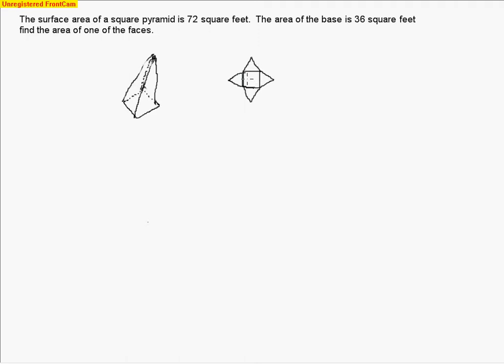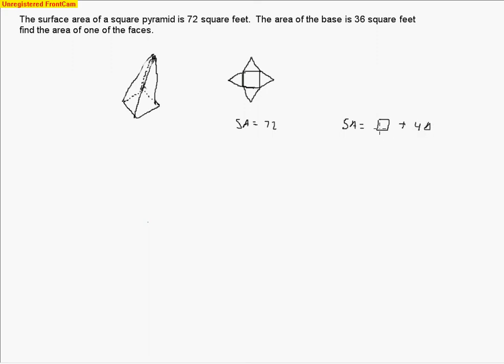Well, since these are all the same size because this is a square, we can go ahead and subtract the area from the surface area of the figure that we have. So we know that the surface area equals 72. Well, the surface area is made up of 2 different things. The surface area is made up of the area of this square plus 4 triangles.